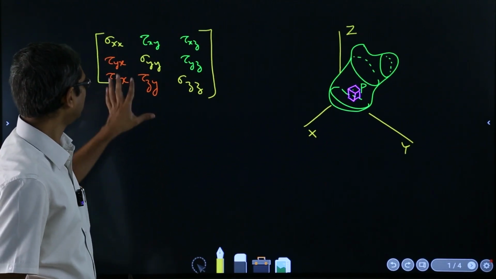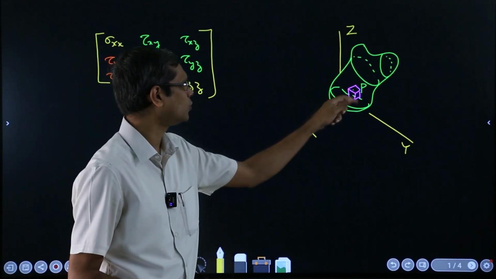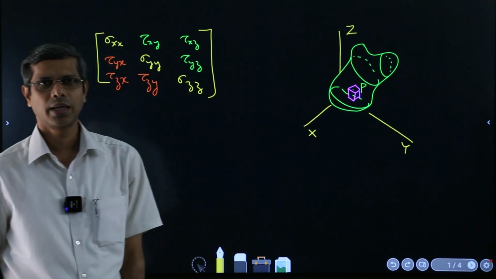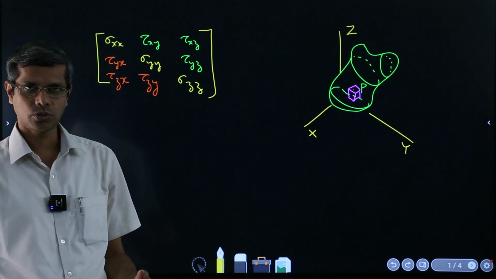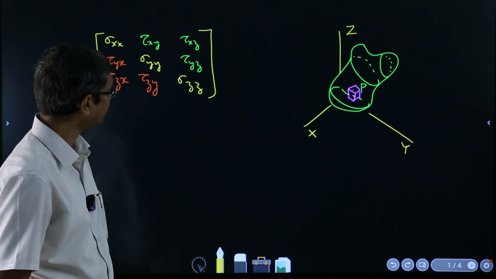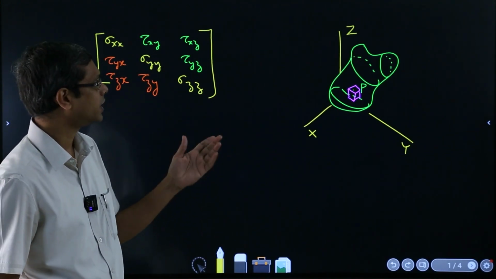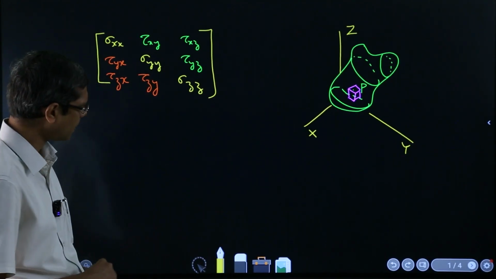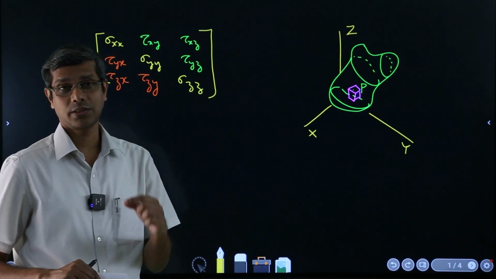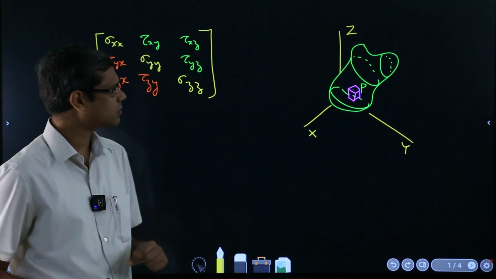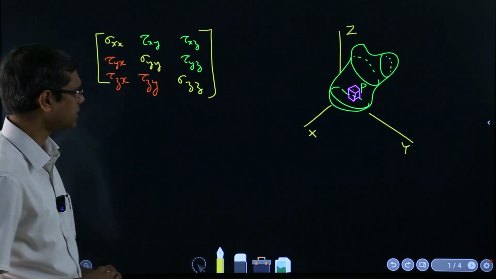But then we are seeing that these numbers keep on changing as soon as we move this coordinate system around. Now which coordinate system should we choose so that we can actually tell whether the system is safe or unsafe under a given loading condition? Does it mean that whether a system is safe or unsafe depends on the coordinate system that I choose? Obviously it should not be the case.